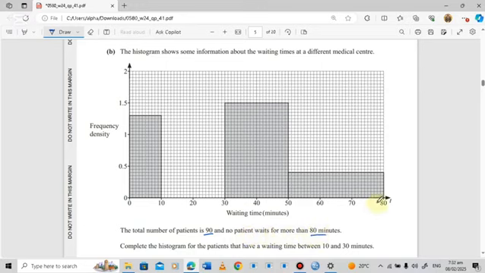Complete the histogram for the patients that have a waiting time between 10 and 30. So they want us to complete this histogram for the patients that had a waiting time between 10 and 30.